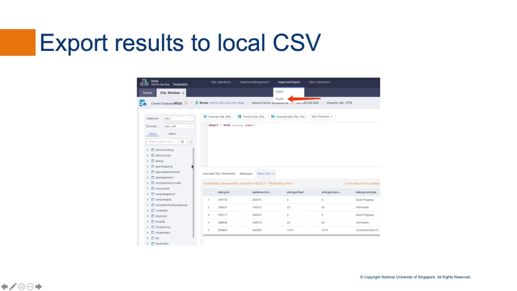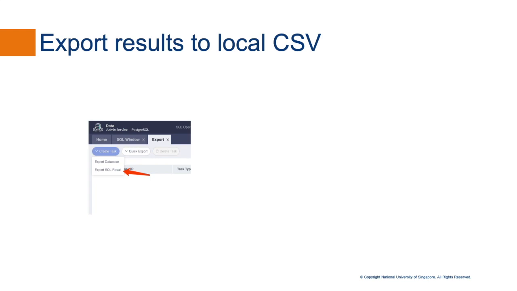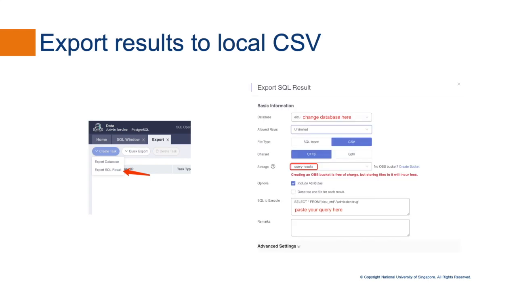If you want to export the results as CSV to your local computer, you can click Import and Export and click Export. Then click Create Task and export SQL results. You will see the form on the right. Select the database you are exporting from. Allow rows control the maximum rows you can export. You can put it as unlimited and limit the number of results rows in your query if necessary.